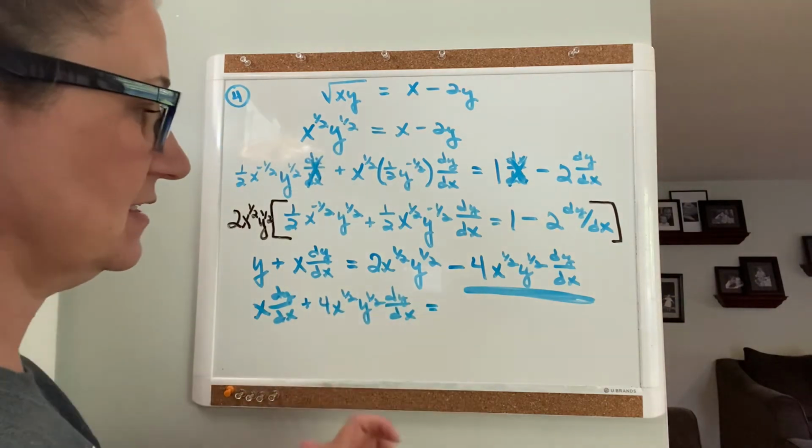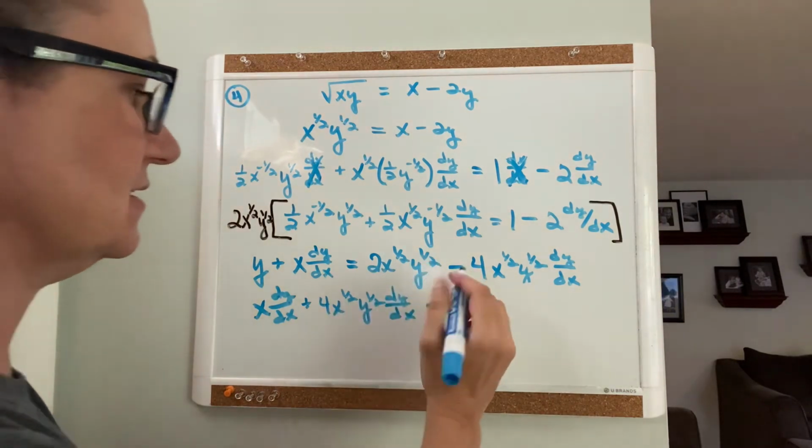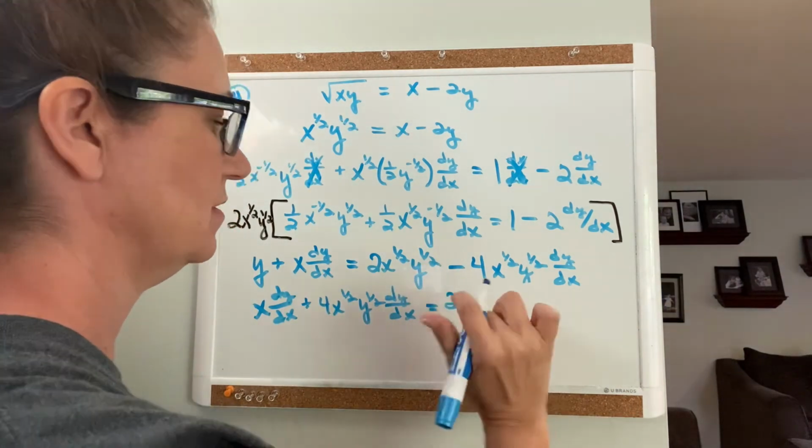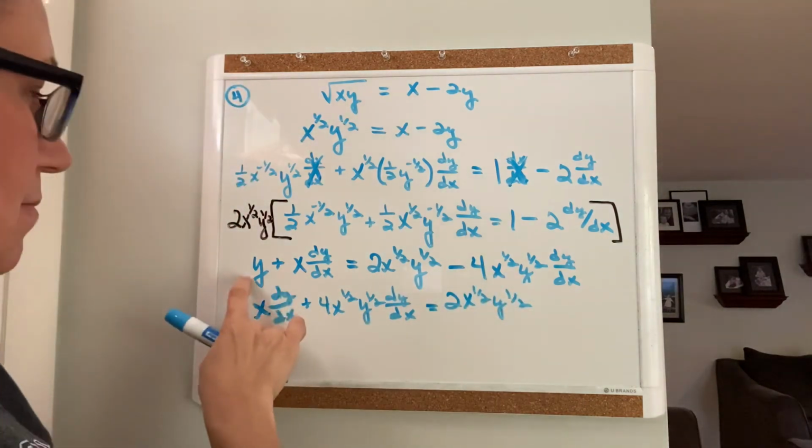That equals 2x to the 1/2 y to the 1/2 minus this y.